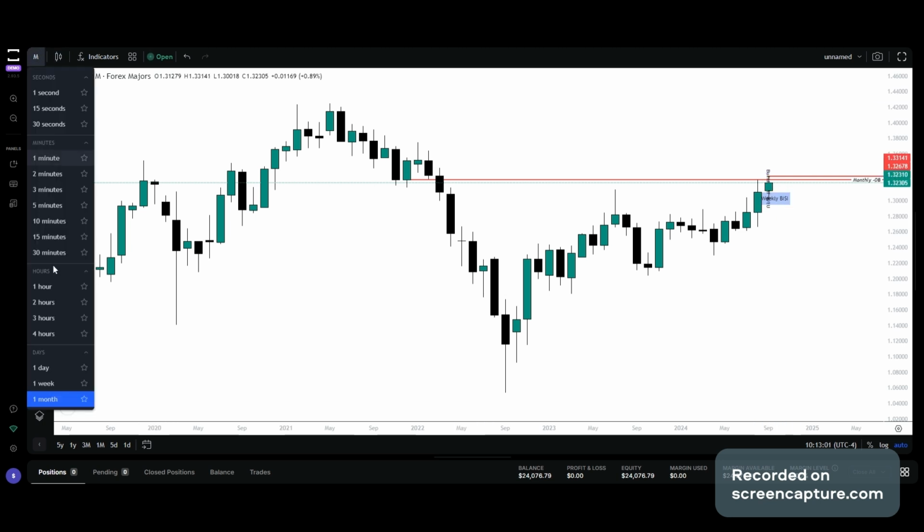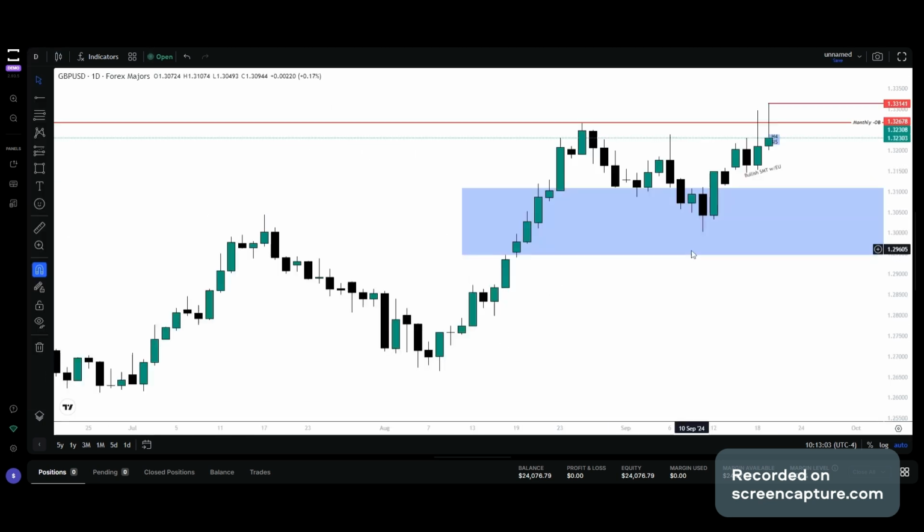And if we drop down to the daily, the short term low on the daily is down here. So I'd need to see price get below that or displace below this low. So that's the low of September 17th. Displace below that, leave an inefficiency, and then continue to the downside.